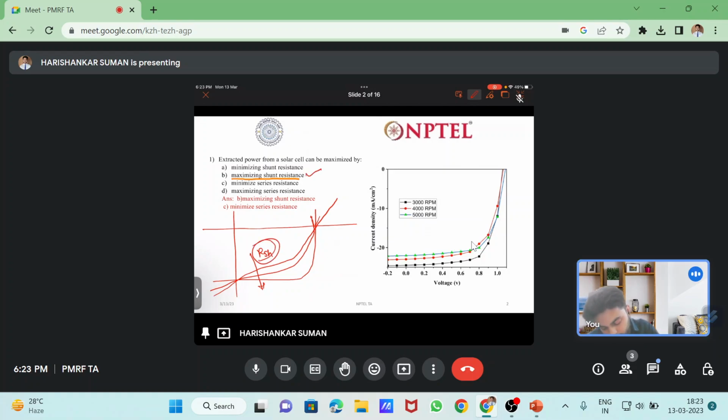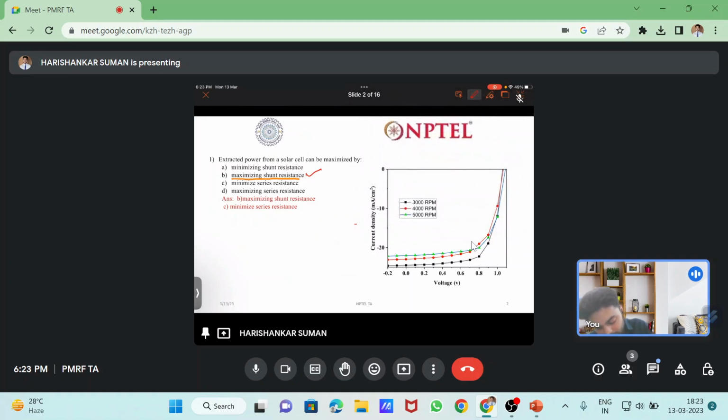Then minimum series resistance. During series resistance, the current is increased and VOC is decreased. This is just a rough diagram. I am telling you the idea of how shunt and series resistance affect the curve. Nothing else.